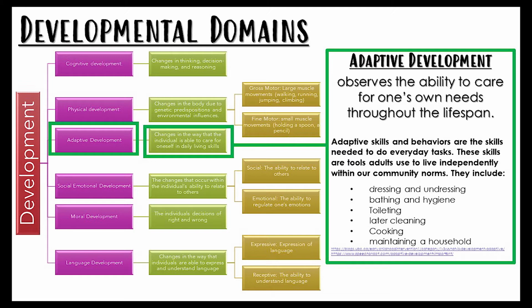Gross motor development is referring to the larger muscle movements that we can enact, such as running, jumping, walking, climbing, whereas fine motor movements are those much more small and yet skill-based precision movements that we use, such as buttoning buttons and tying shoes. Finally, in language development, we've discussed the changes that occur over time in the way that the individual is able to express and understand language.